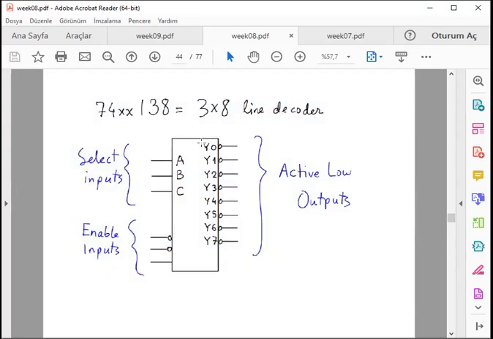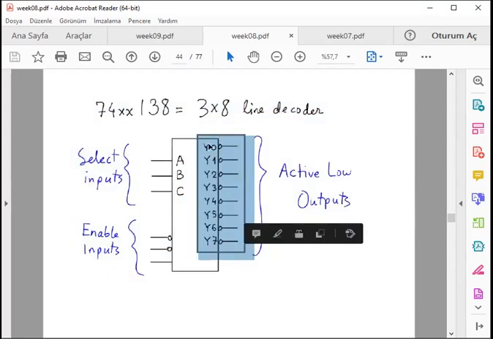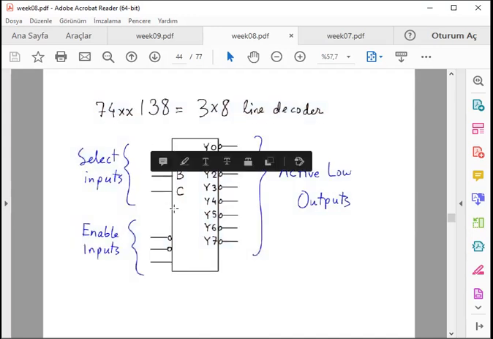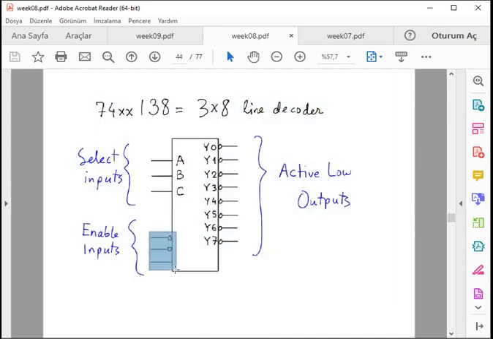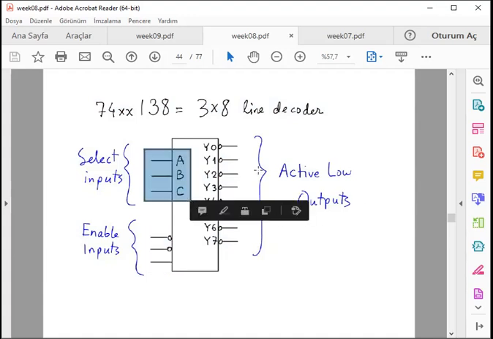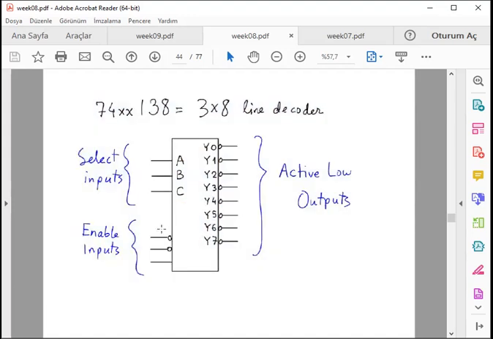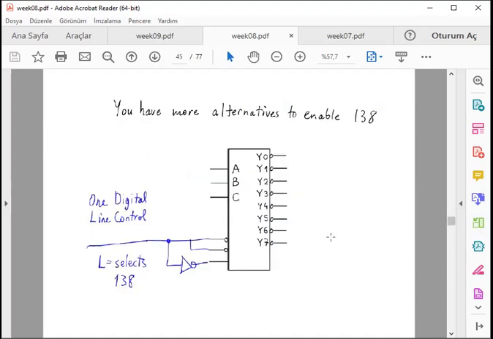Right side are the outputs. Now we have 8 outputs. Left side are inputs. We have 3 enable inputs and 3 selection inputs. Outputs are all active low, but for inputs, only 2 of the enable inputs are active low. The other ones are all active high.